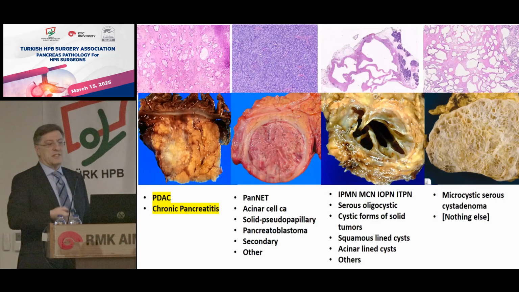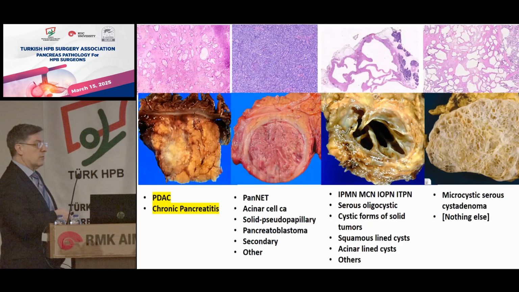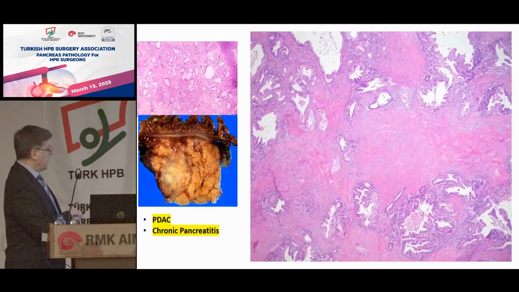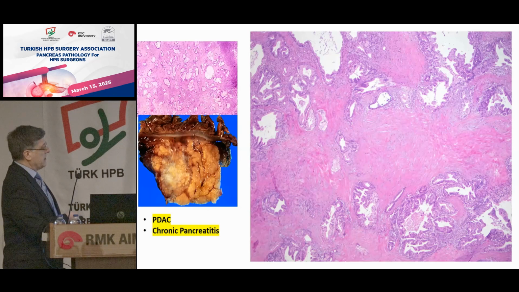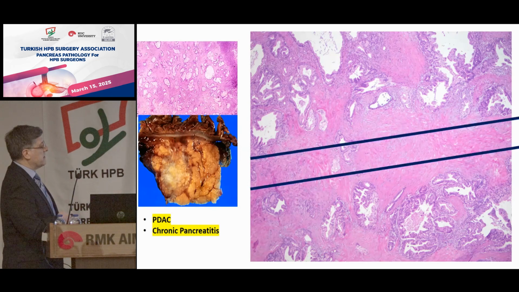By the way, during this presentation, I will call it PDAC, referring to pancreatic ductal adenocarcinoma, the main tumor of the pancreas. For pancreatic ductal adenocarcinomas, the most important issue, and this slide is one of the most illustrative examples, is the presence of abundant stroma, collagen, desmoplastic stroma.